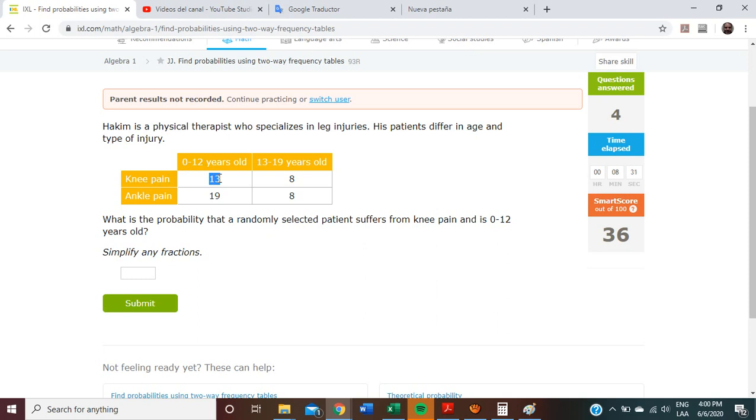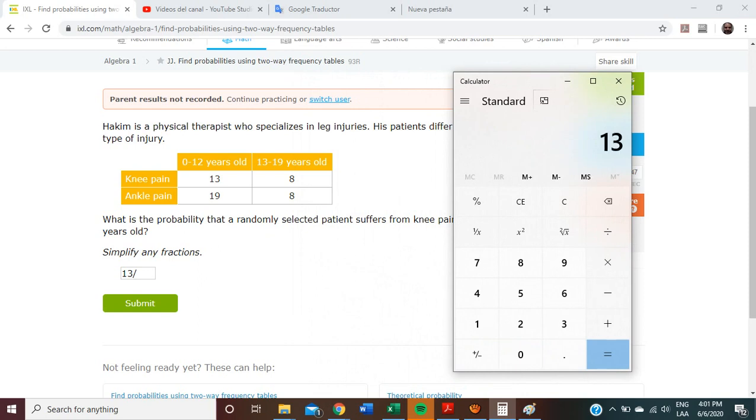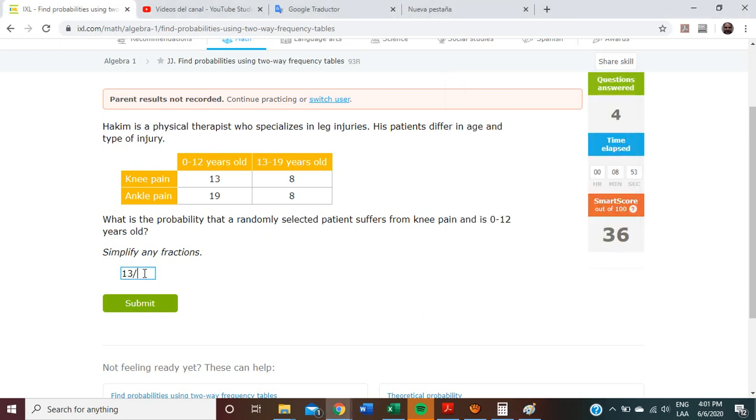There are 13 people that fulfill both of those conditions. 13 out of how many? So we need to add all of these. So let's do the sum, and let's say 13 plus 19 plus 8 plus 8 equals 48. All right, 13 out of 48.